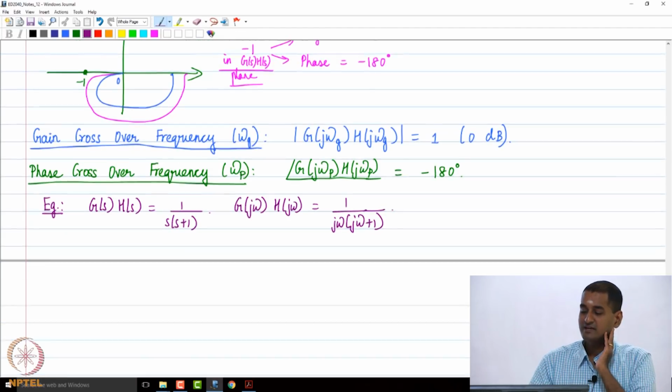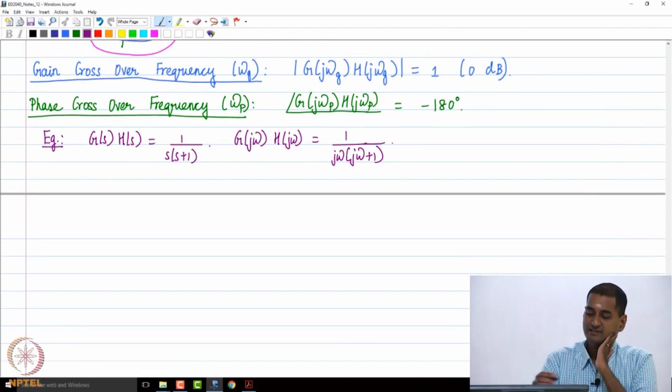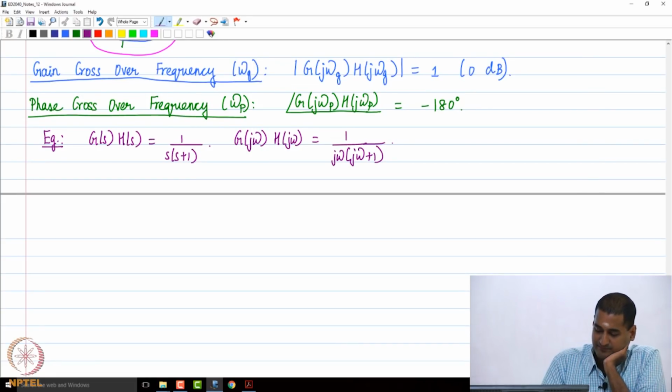So, what is the gain crossover frequency? Can you calculate it, please? How do you get the gain crossover frequency? You equate the magnitude to 1, right. What is the magnitude of this factor?